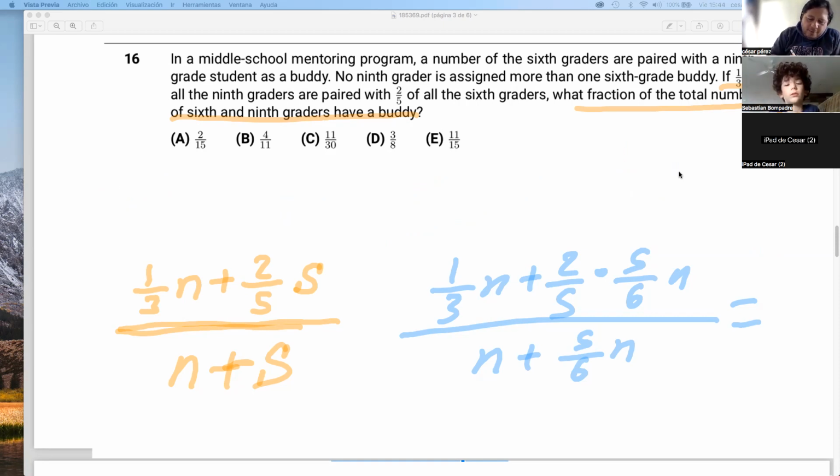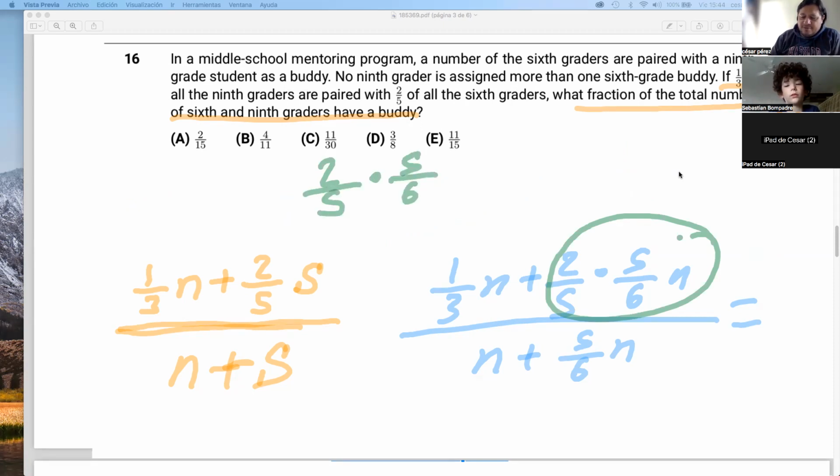Okay. If we make this part, 2/5 times 5/6. Okay. 2/5 multiplied by 5/6. What will we get? What is the answer for this? 10 over 30, or simplified, 1 over 3. 1/3.